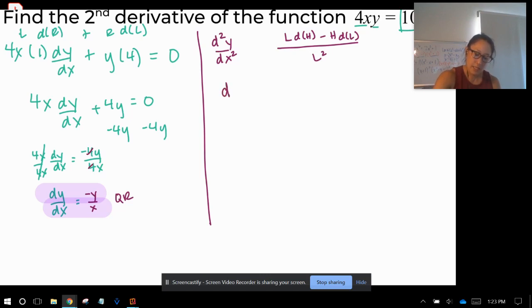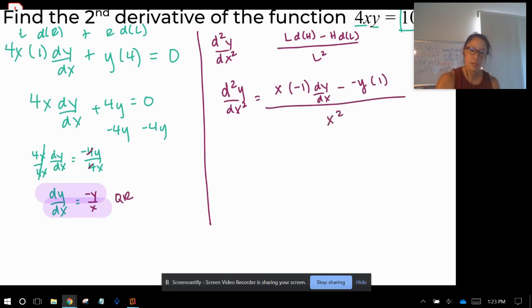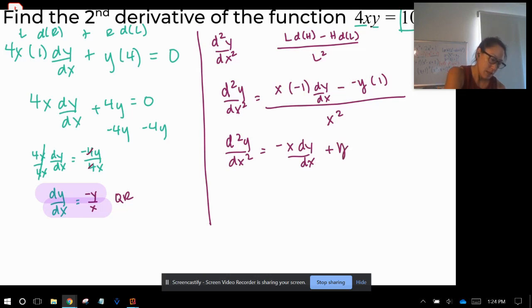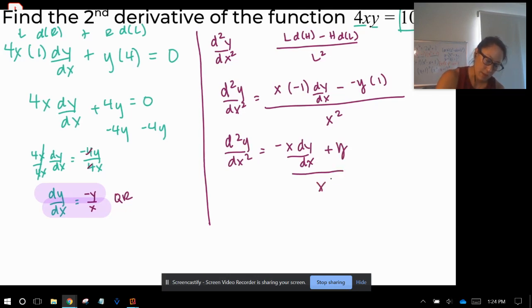The second derivative is equal to, x is the low, the derivative of the high is negative 1 dy dx, minus the high, negative y, times the derivative of the low, which is 1, over x squared. Make it pretty. I get negative x dy dx plus y over x squared.